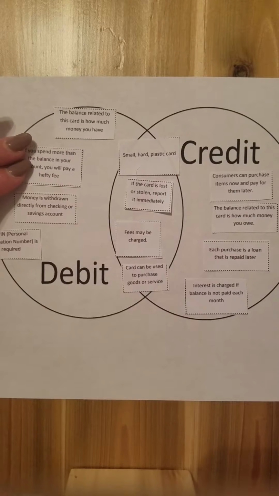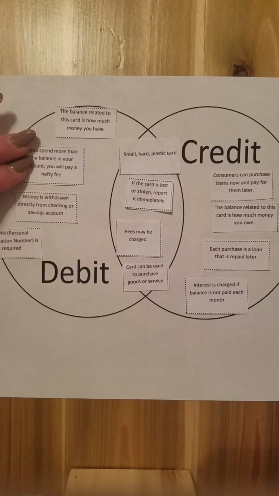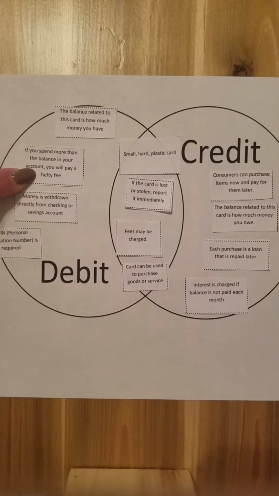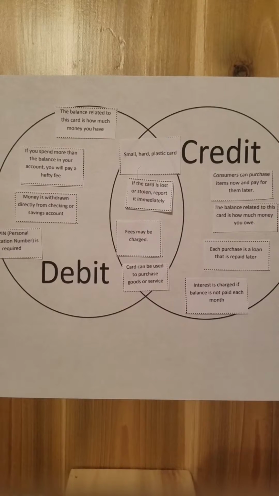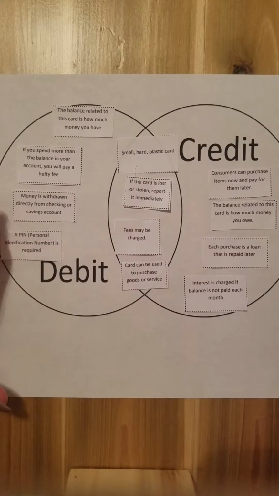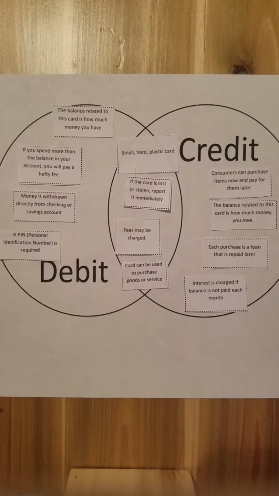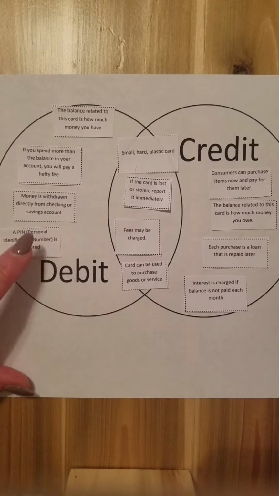If you spend more than the balance in your account, you will pay a hefty fee. So if you happen to go over on your spending somehow, they will charge you a fee, an overdraft fee. Also for debit, money is withdrawn directly from your checking or savings account, and it happens immediately. And you need a PIN, a personal identification number, in order to use your debit card.